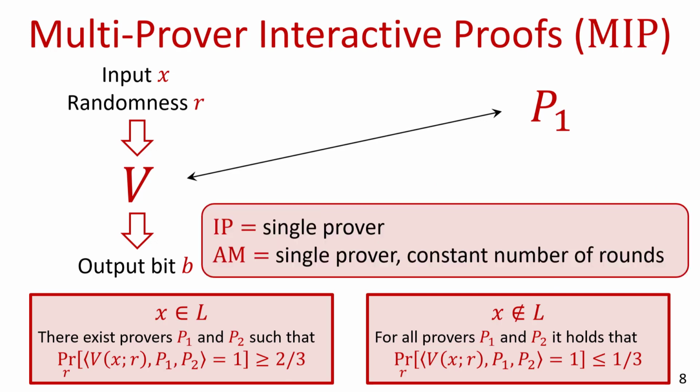The class IP is the restricted case where only one prover is allowed, and AM is the further restricted case where only a constant number of communication rounds is allowed. One can also consider more than two provers, but it turns out to be polynomially equivalent to two provers.